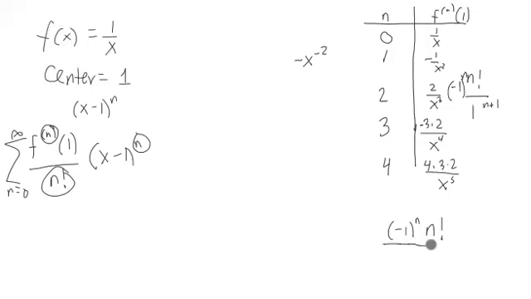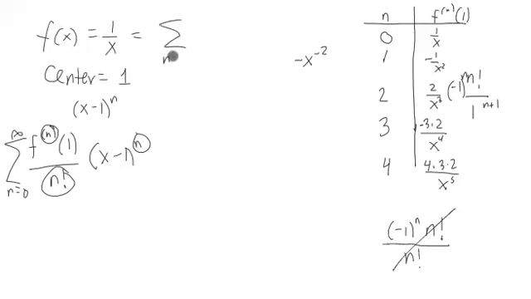So we divide it by n factorial, and notice we just get negative 1 raised to the nth power. Okay, so negative 1 raised to the nth power would be our coefficient of x minus 1 to the n, and we are done.